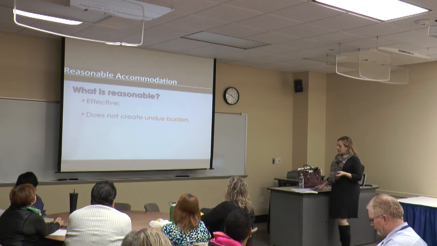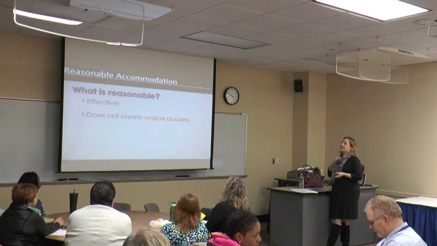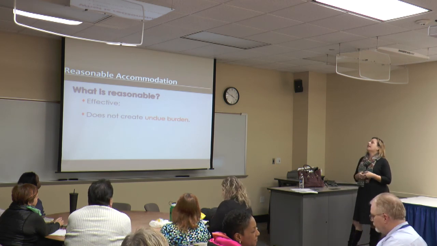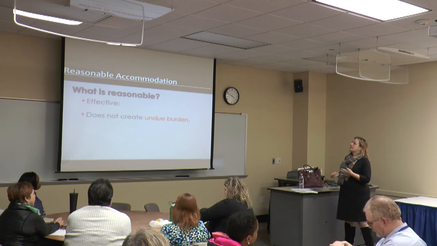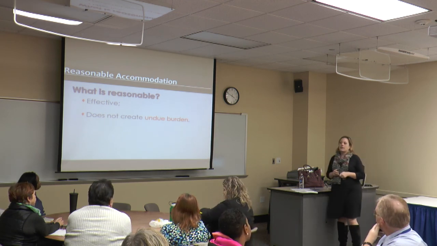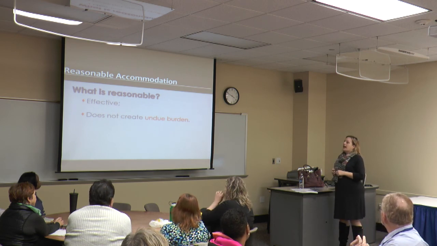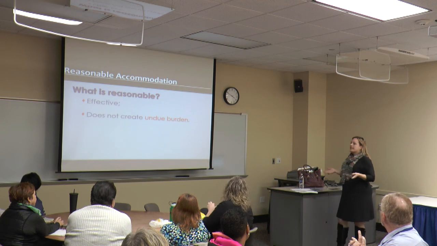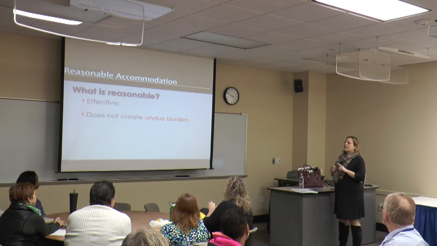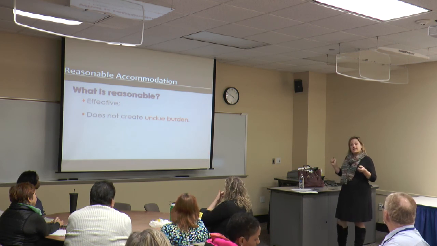Okay, so I mentioned earlier that in addition to not discriminating against somebody because they have a disability, or a student because they have a disability, we have an obligation to provide them with a reasonable accommodation. That language comes from the ADA, and so the idea is, well, what is reasonable? Number one, it has to be effective, and that really is the key piece here.